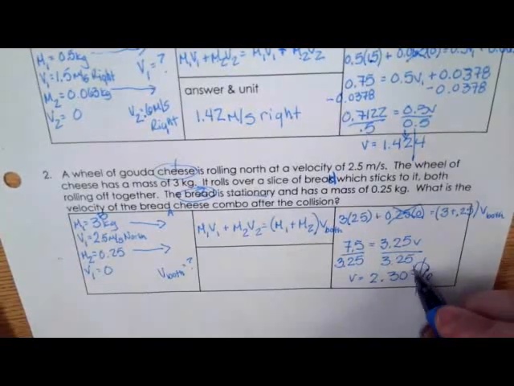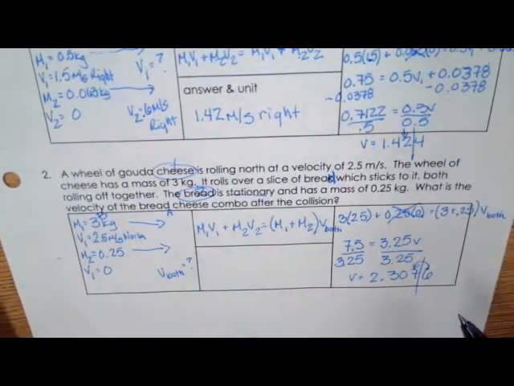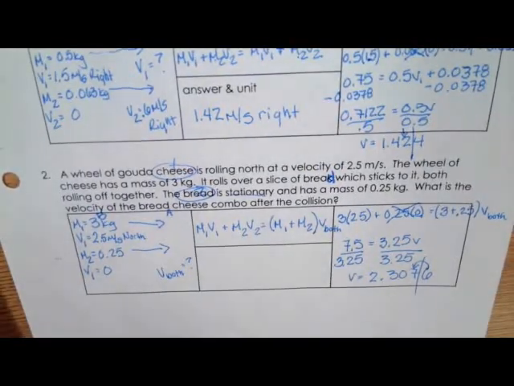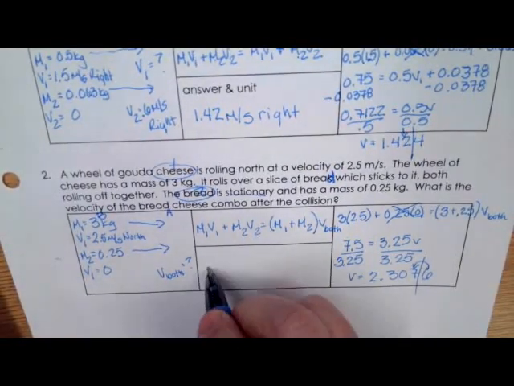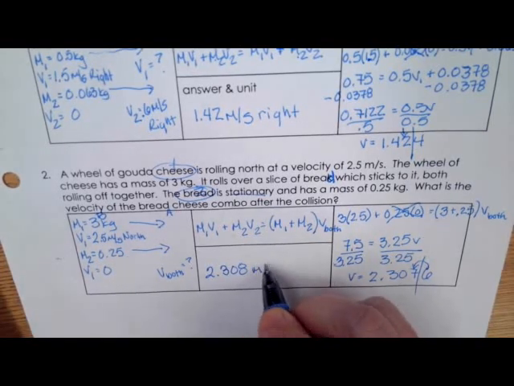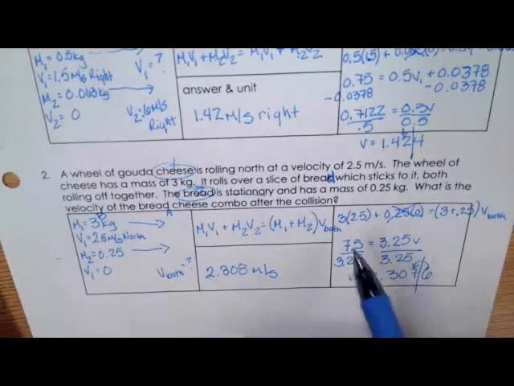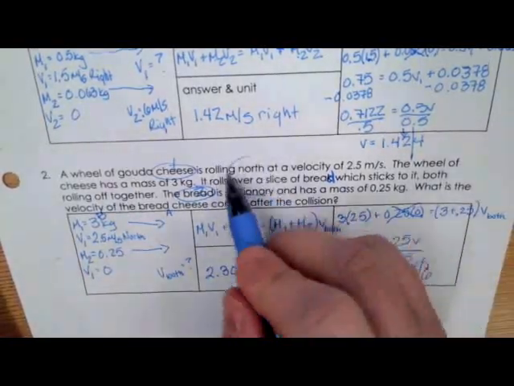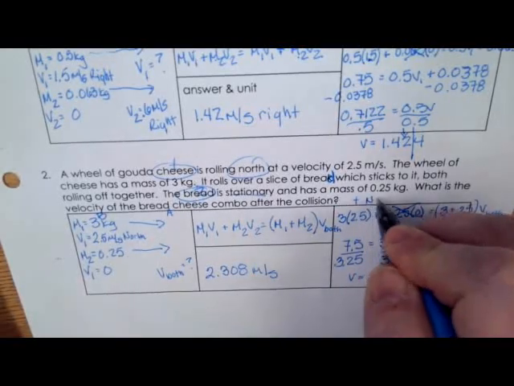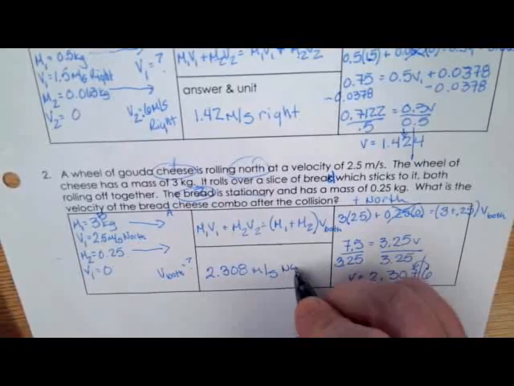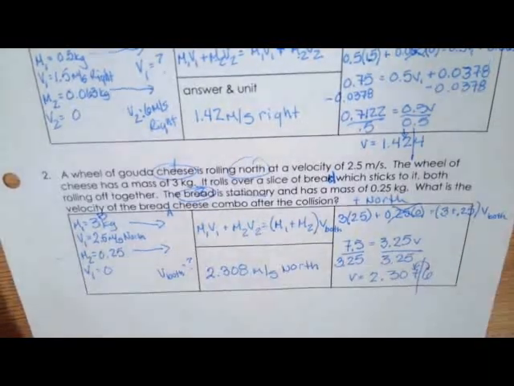We round this number up to get two non-zero numbers after the decimal point, so we have 2.308 meters per second. And what's our direction here? I forgot to write it down. It's rolling north, so that's the positive direction. This is a positive number, so north is the direction.